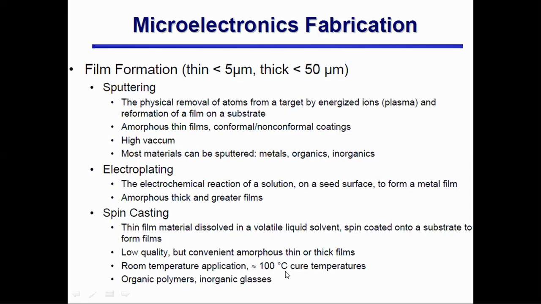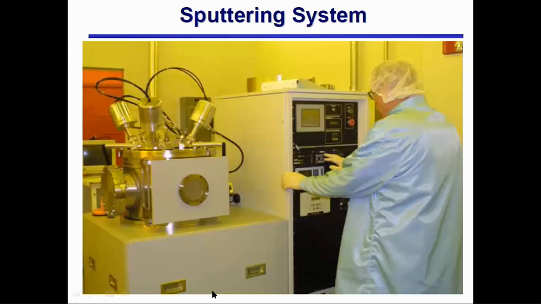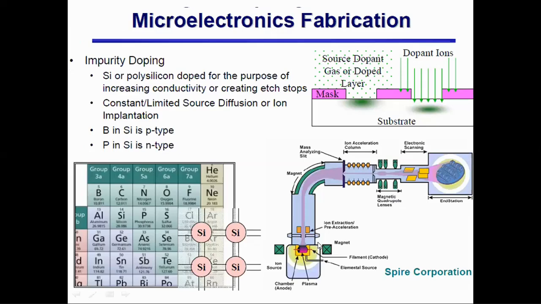For curing, we would heat the material to approximately 100 degrees centigrade and then cure it at this temperature. The materials that could be spin coated are organic polymers and inorganic glass colloids. This is the sputtering machine by which we could perform sputtering.